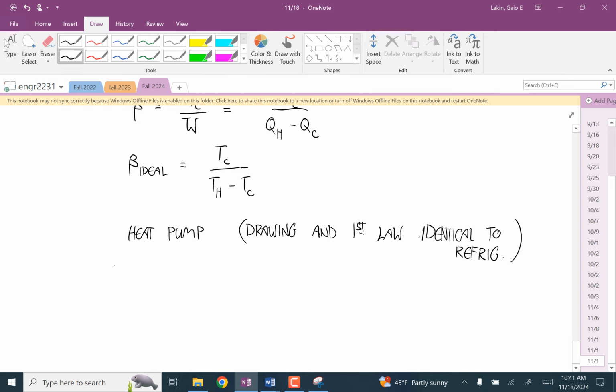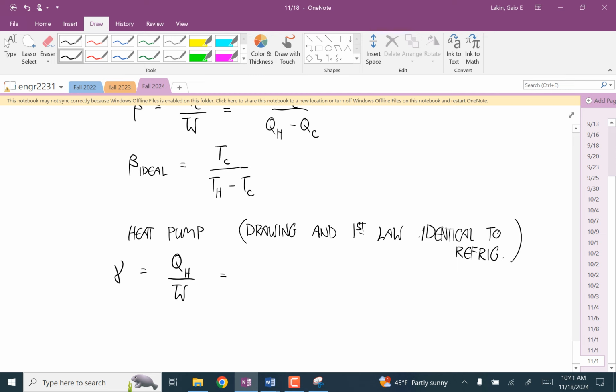So we'll call it the Greek letter gamma. And what we're trying to do is get the most energy pumped into the hot reservoir. So our QH is our objective. And again, our cost is the work.